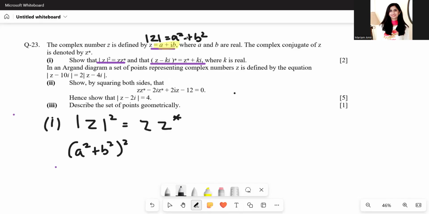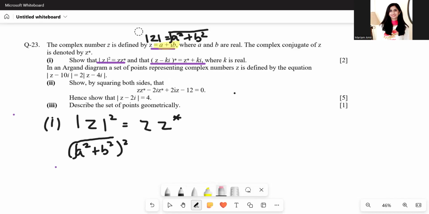Actually, there's a square root here as well. When we find modulus, we apply Pythagoras theorem, so square root of a squared plus b squared, and then square it because of this square.